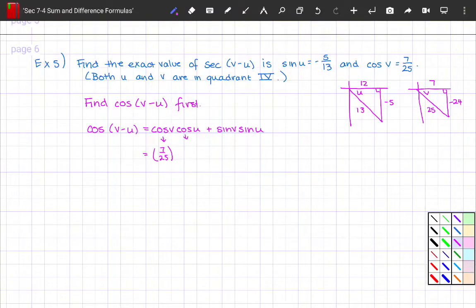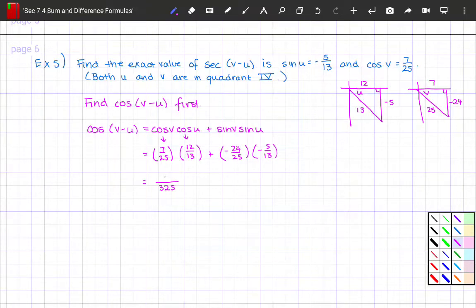So cosine of u, now I can find it. Looking at the first triangle, that is 12/13. Sine of v is negative 24/25. And sine of u is negative 5/13. And then we go ahead and work it out. 25 times 13 is 325.